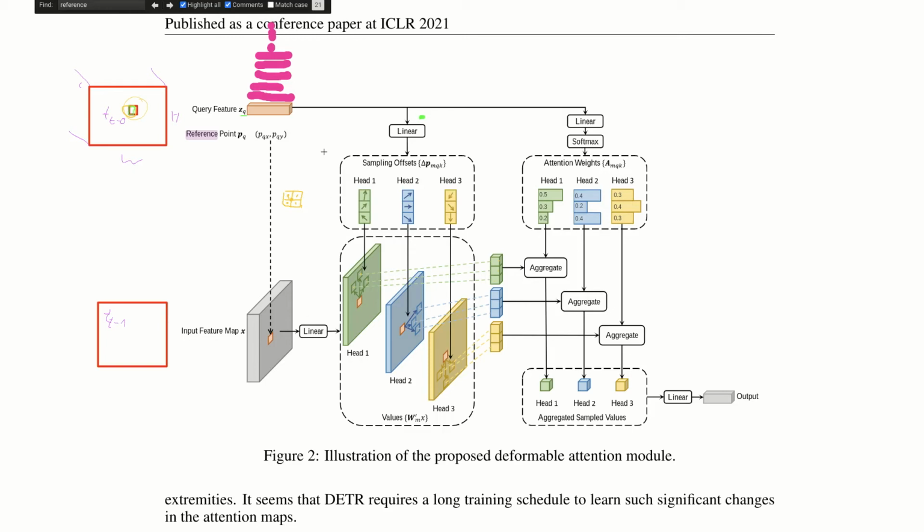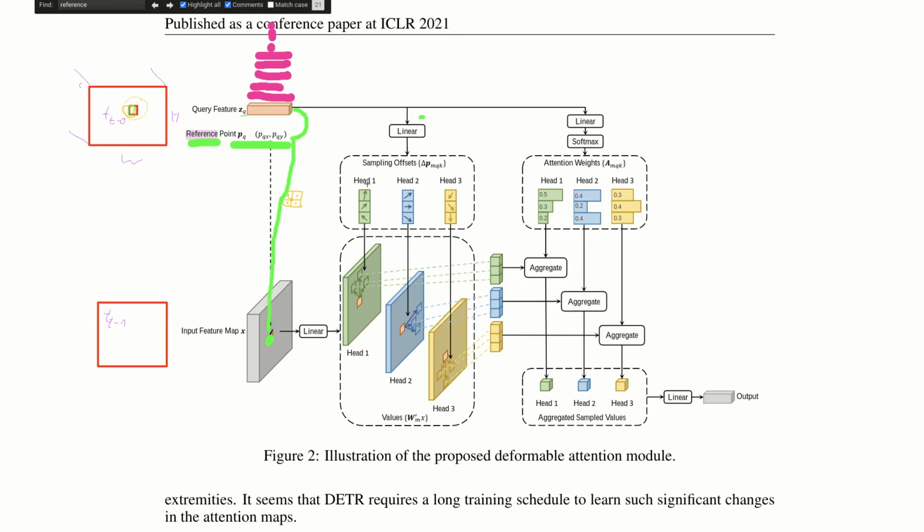So what they have to do, which is not drawn here in this figure, is apply a dense layer where they regress the reference point. That means they take one of these feature vectors, put it into a dense layer, create this reference point, and then they know where they are located.